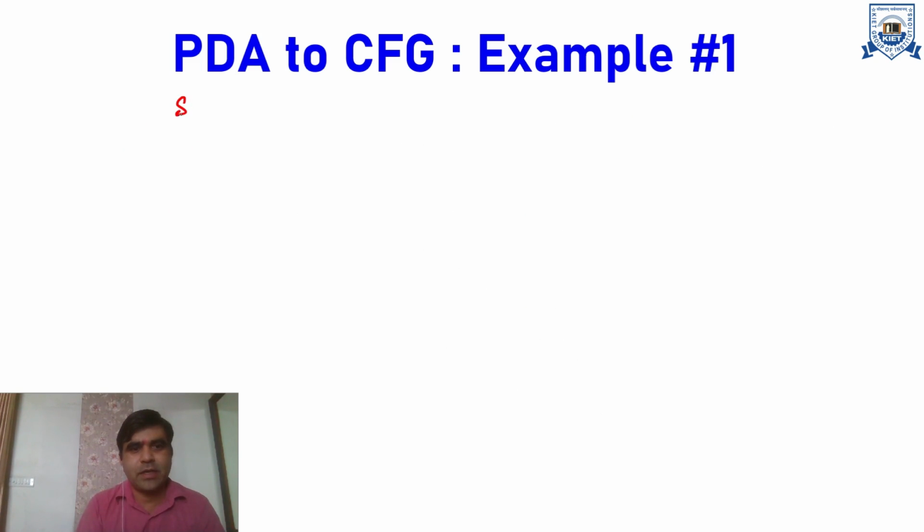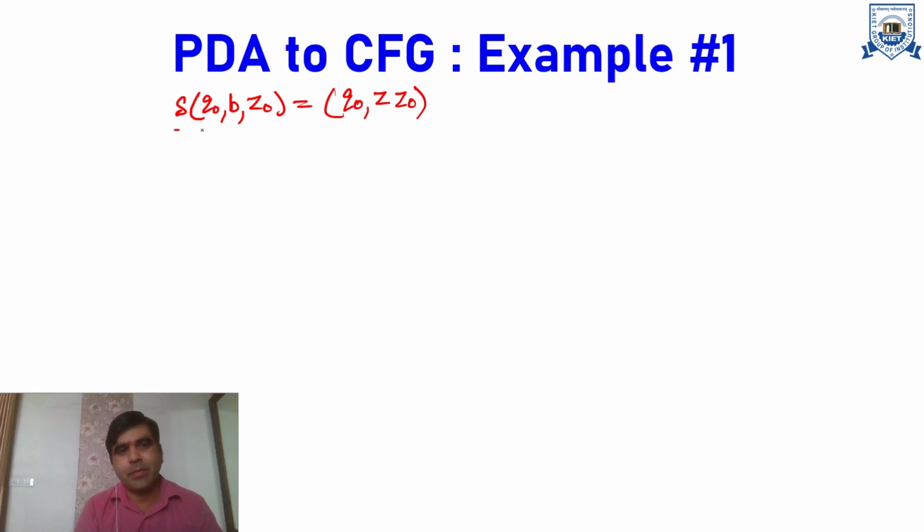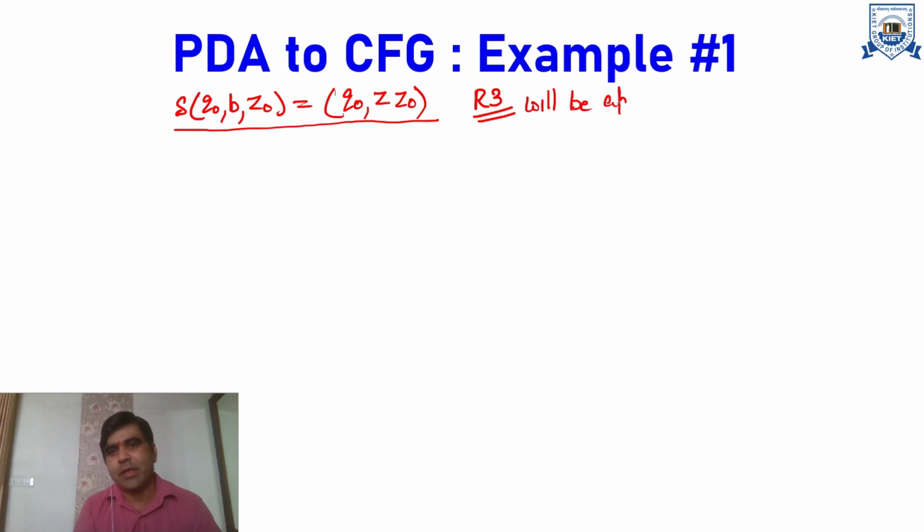It is delta of Q naught, B, Z naught, which is equal to Q naught, Z Z naught. Now which rule is applicable in this case? Here rule R3 will be applicable.